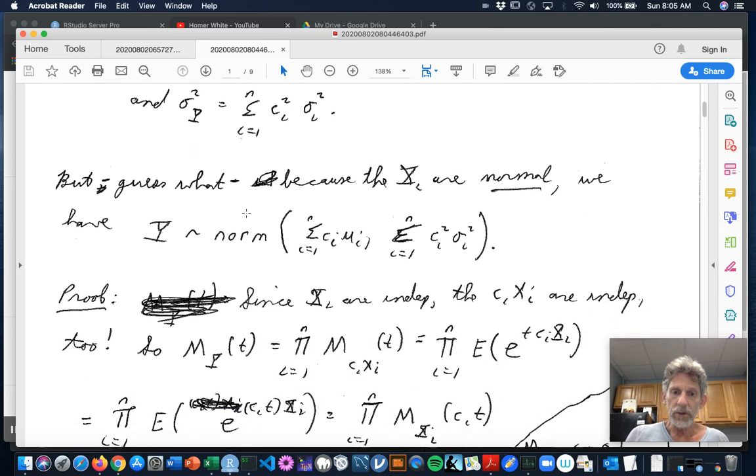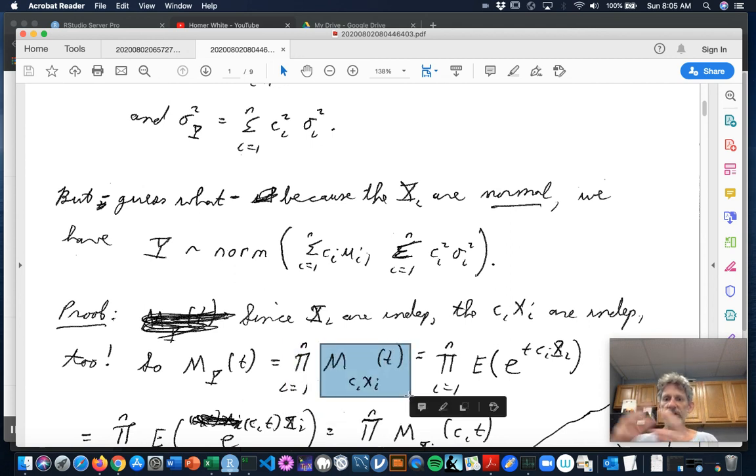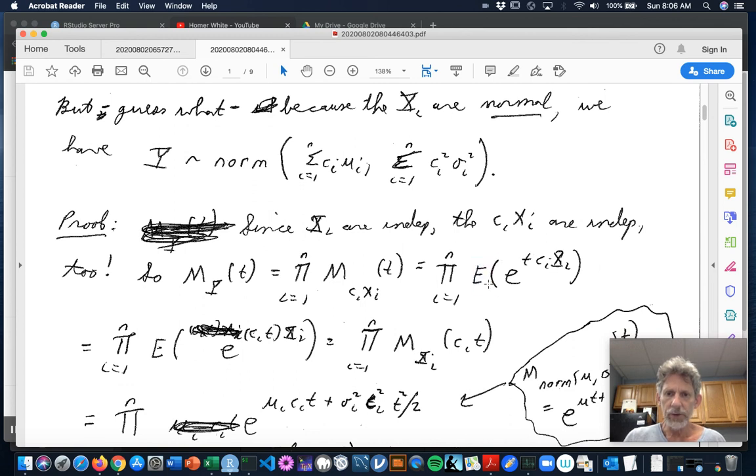So I'm looking at a sum of independent things. Therefore, its moment generating function is the product of the moment generating functions of those things that are summed up. But what's the moment generating function for ciXi? It is the expected value of e to the t times ciXi, by definition of the moment generating function for ciXi.